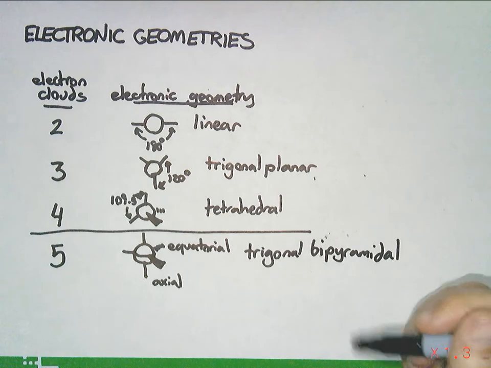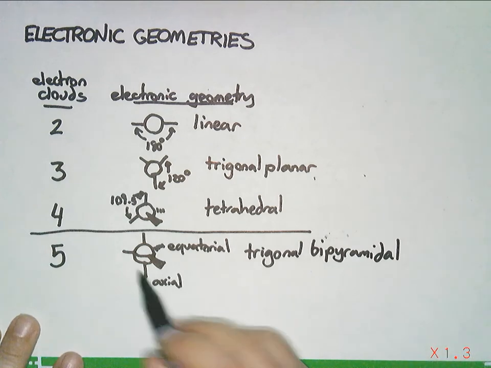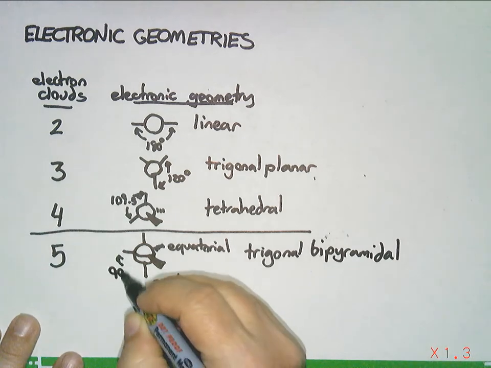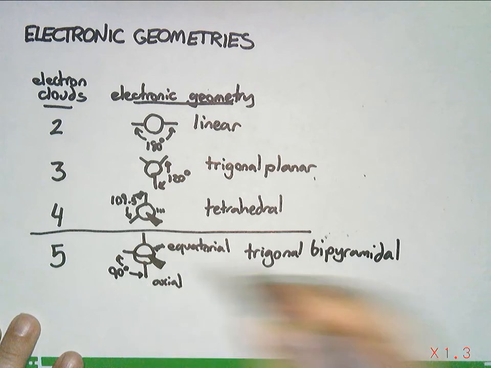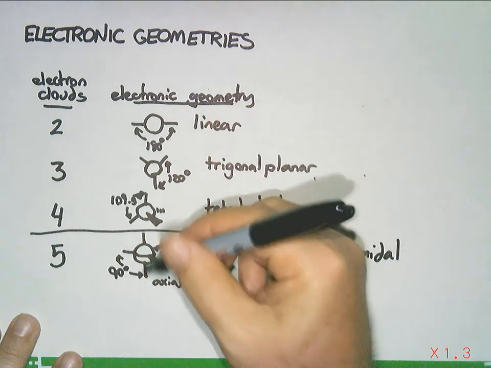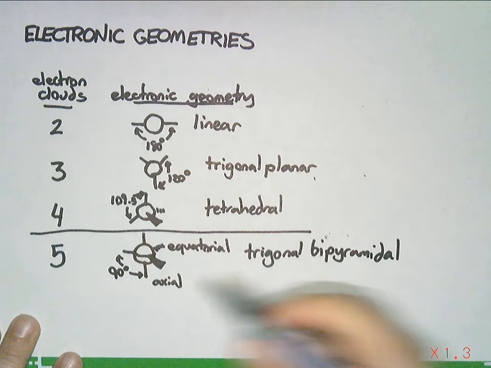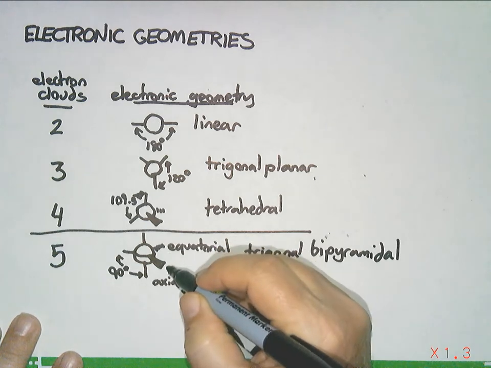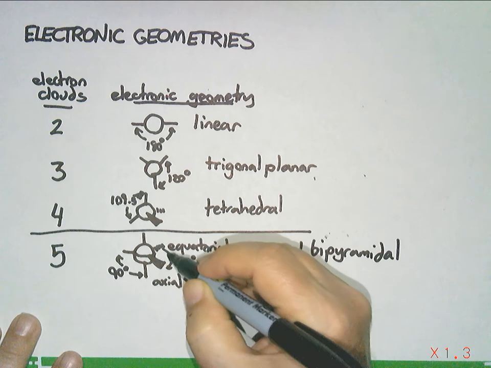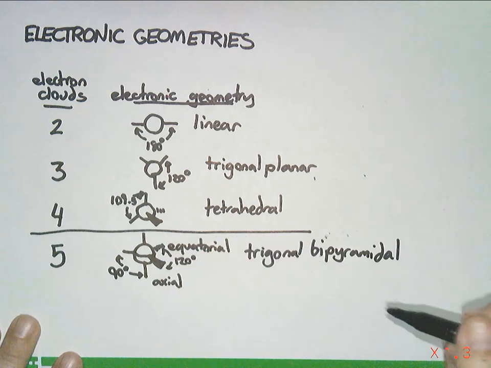Now, what are the bond angles? Well, between the axial and the equatorial, you've got a 90-degree angle. Between the equatorial positions, since it's just a trigonal planar around the equator, you have 120 degrees between equatorial positions.